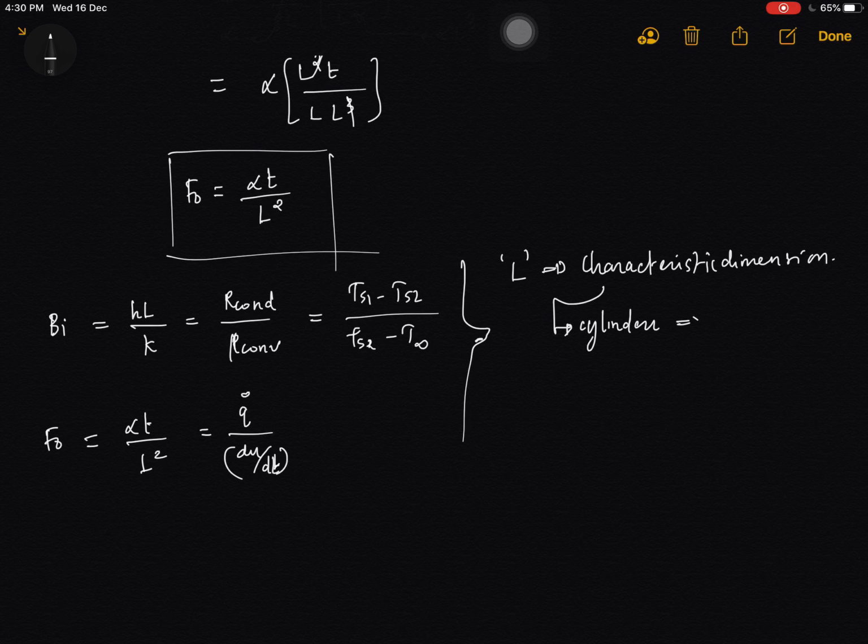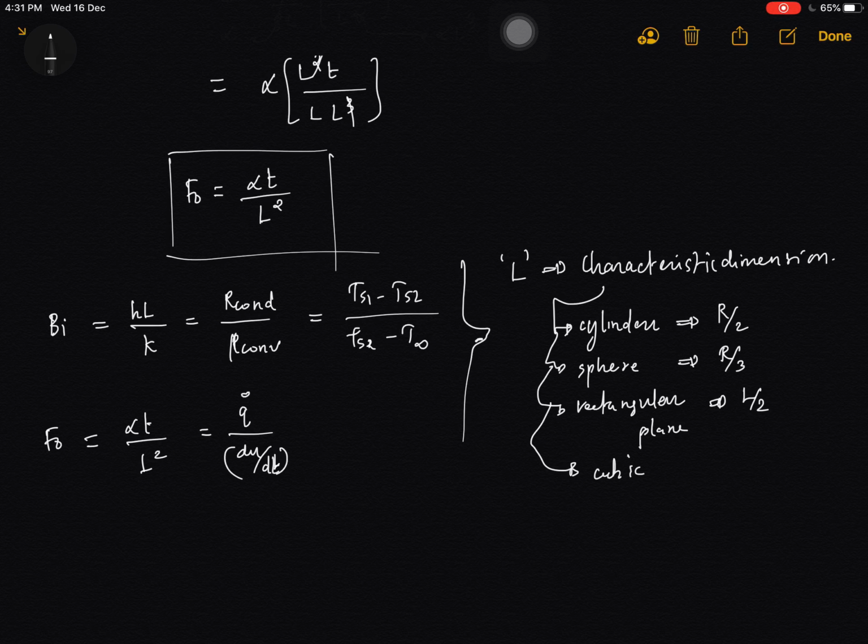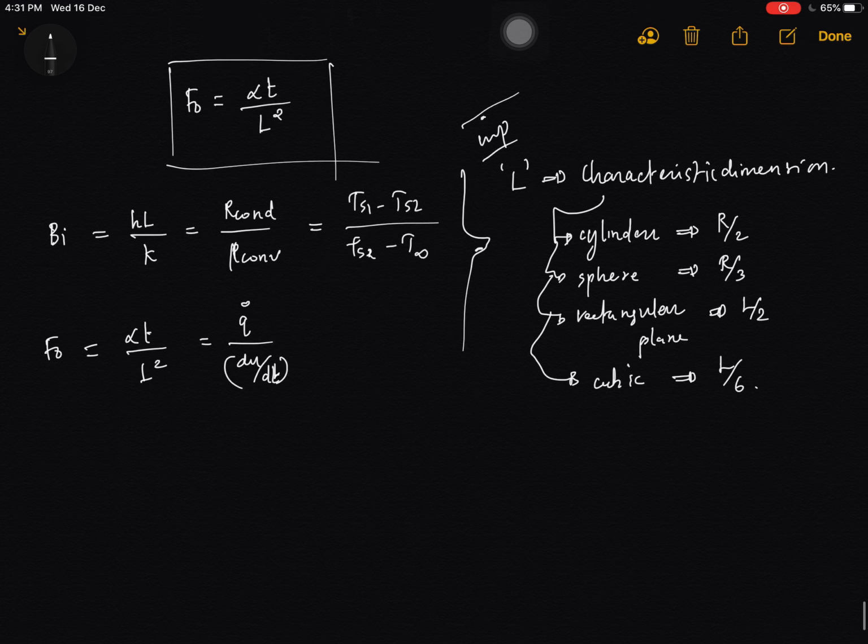As examples, for a cylinder the characteristic dimension will be r by 2, for a sphere r by 3, for a rectangular plane L by 2, and for a cubical geometry L by 6.